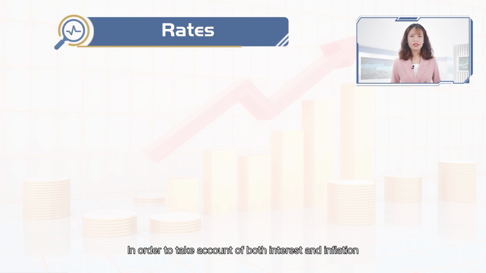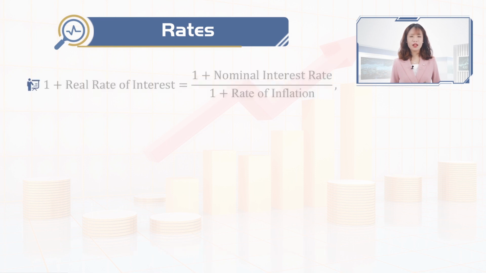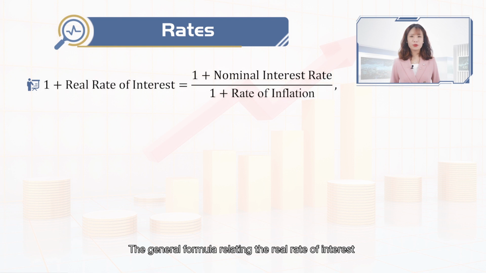In order to take account of both interest and inflation, we distinguish between nominal and real interest rates. The general formula relating the real rate of interest to the nominal rate of interest and the rate of inflation is: 1 plus the real rate of interest is equal to 1 plus the nominal interest rate divided by 1 plus the rate of inflation.